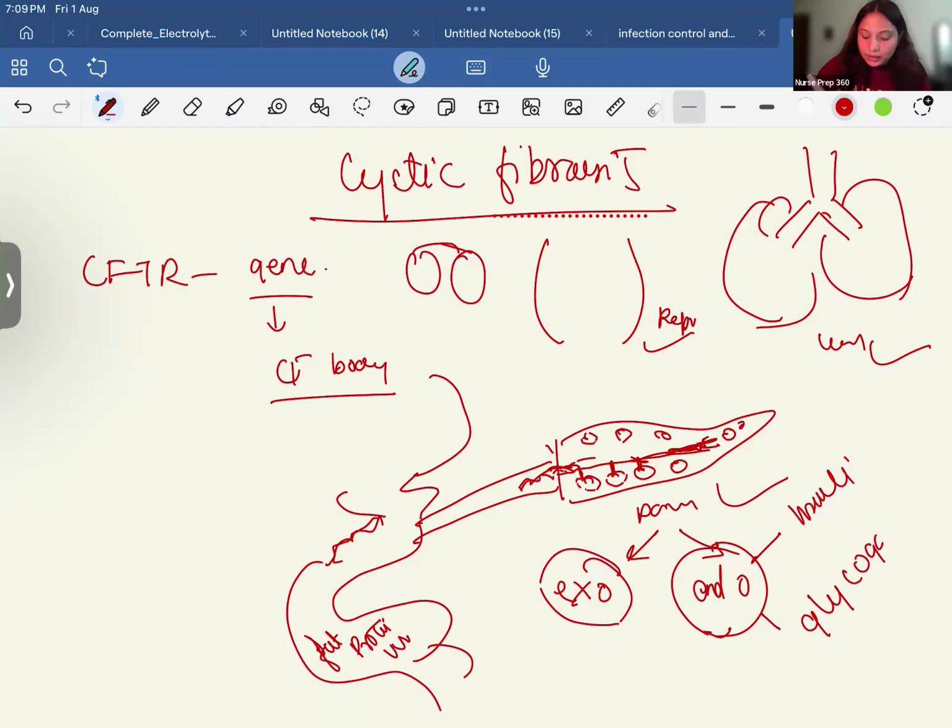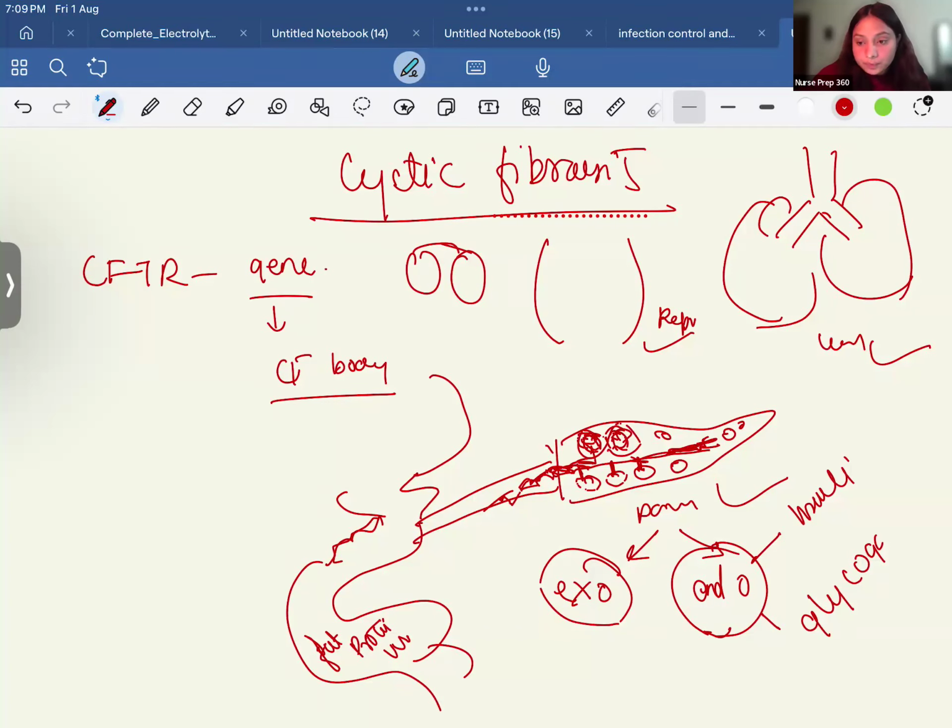Next, just understand one thing. Will there be accumulation of amylase, protease, and lipase in the pancreas? The pancreas is producing amylase and lipase, but the problem is in the pathway, so they will stay in your pancreas.